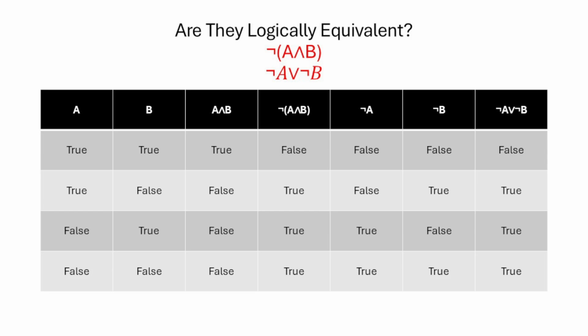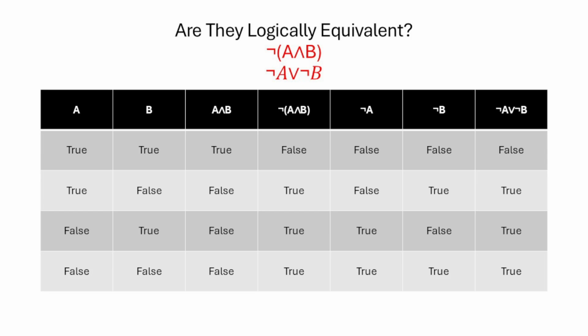In the third row, A is false, B is true. Therefore, A and B is false, and the negation of A and B is true. Which also means that not A is true and not B is false. Therefore, not A or not B is true.